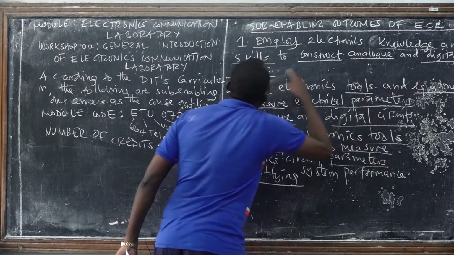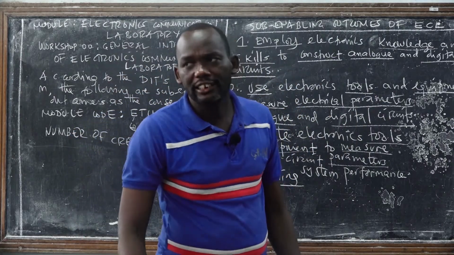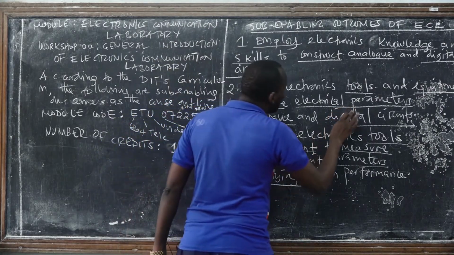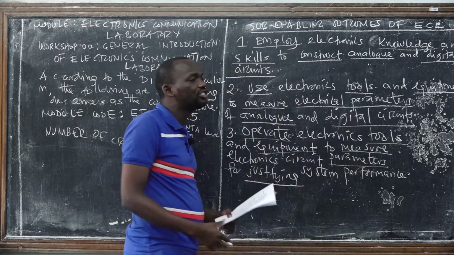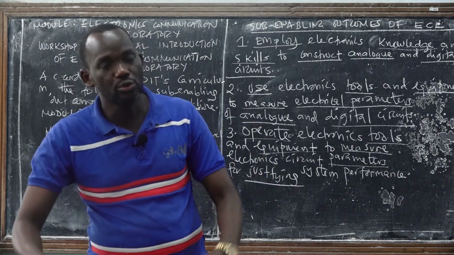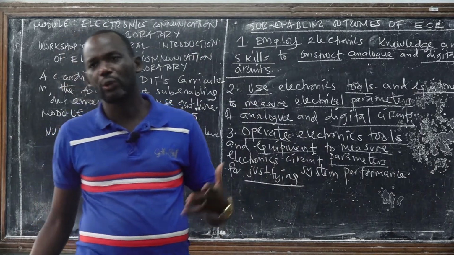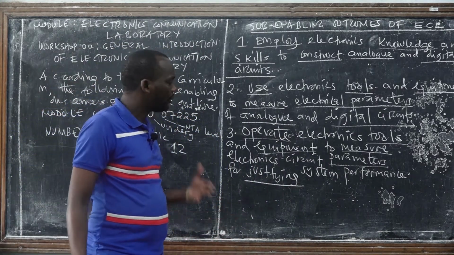Analog and digital circuit performance. Performance means that either the circuit performs the desired task or the circuit is not working. Having a circuit which is not working in electronics and telecommunication engineering is not something bad. The thing is, you have to give out the reasons why it is not working. Are we together?